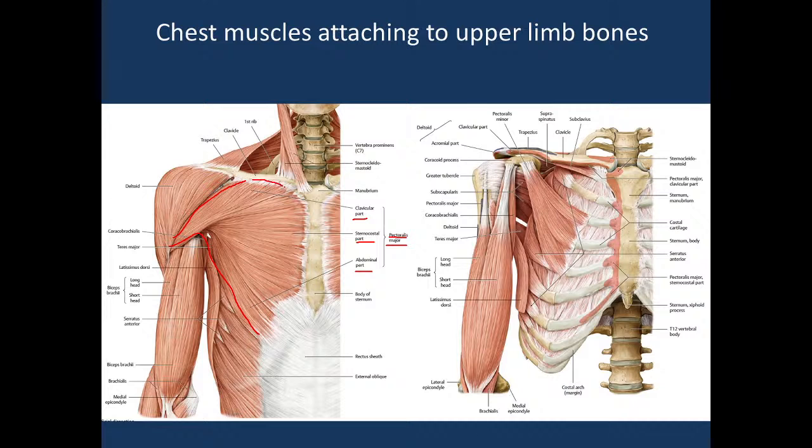It starts from clavicular, sternal, or ribs, but comes to this point of humerus. We call it crista tuberculi majoris in Latin.